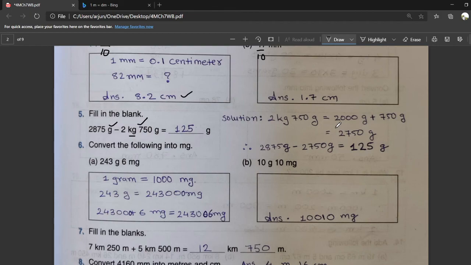So 2 into 1000 is 2000 gram, plus 750 grams, which is 2750 grams. Now both values are in grams, so we can subtract: 2875 grams minus 2750 grams is equal to 125 grams.